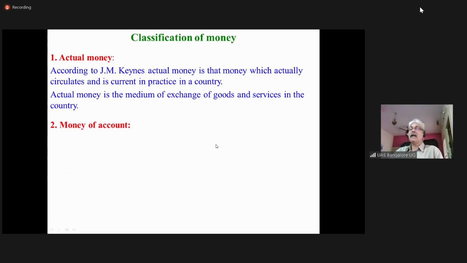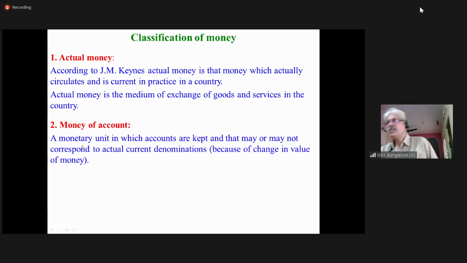Then money of account. Of account, it need not be in circulation. Okay. You may not be using it in your accounts, but I mean, generally in the economy. But for your own purpose, you can use that money for accounting, but not in general, not in the economy as a whole.